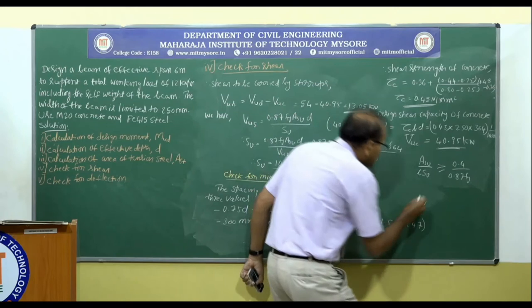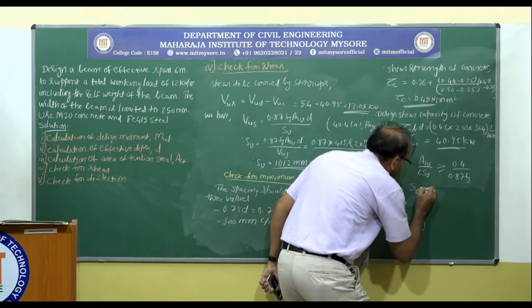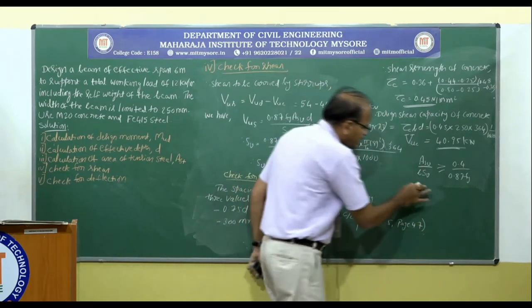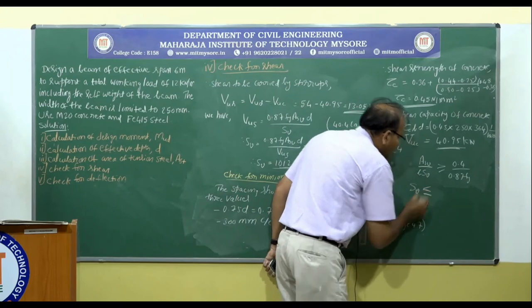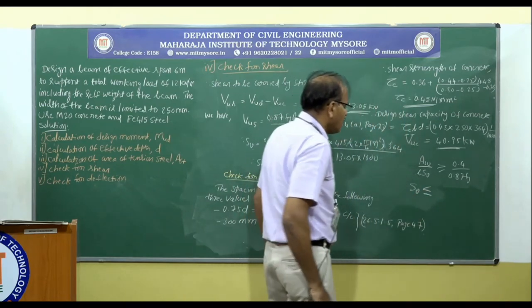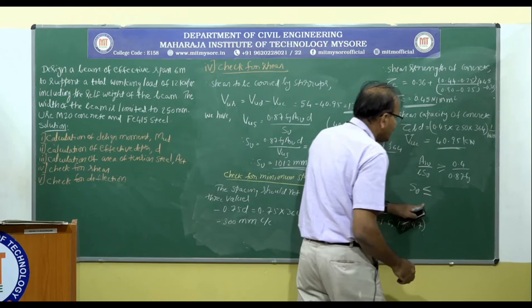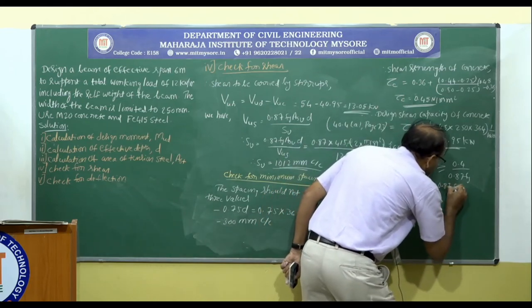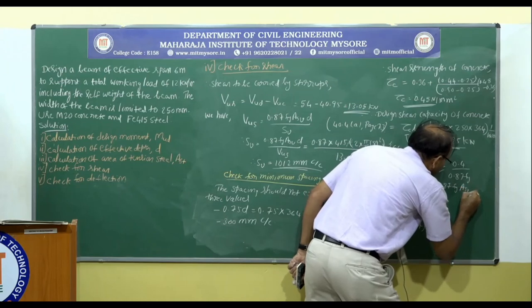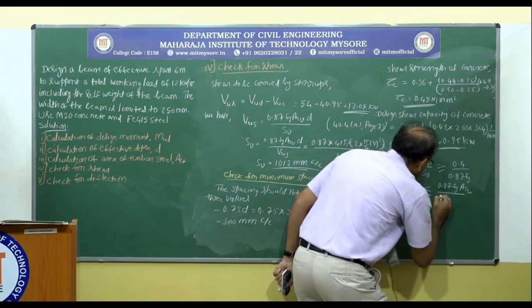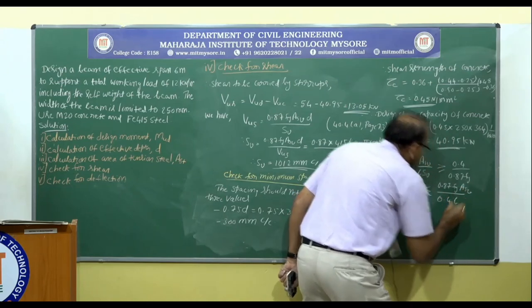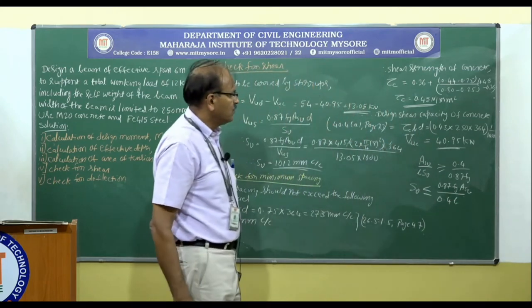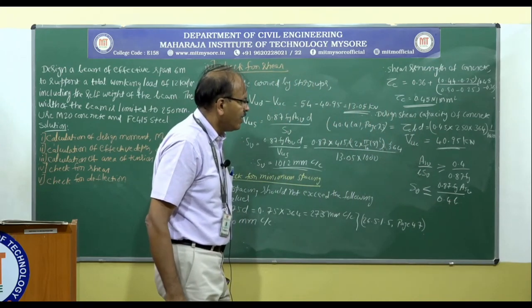So after simplification, what we can do is, I can write this as SV, less than equal to 0.87 Fy ASV divided by 0.4 B. Okay?